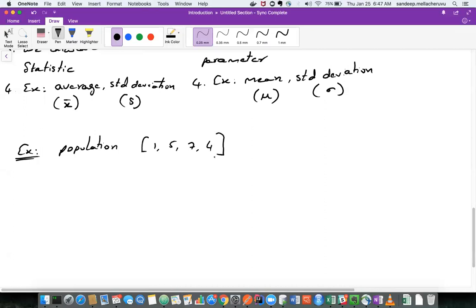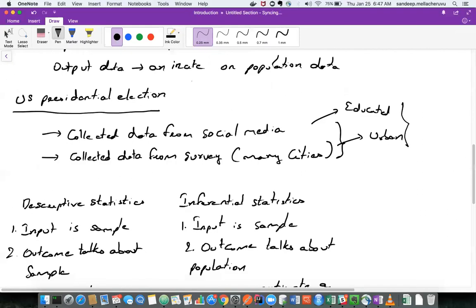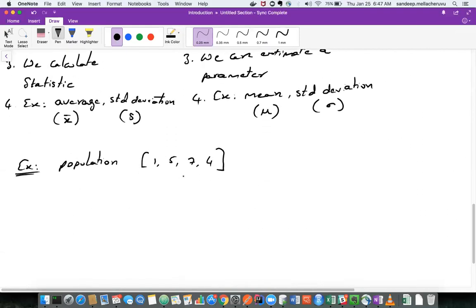Only 4 elements in the population. But for the reasons that I specified earlier, I cannot collect this kind of data because it is a population. Always I can go for a sample. So let's say the sample is 1, 7 and 4. 3 elements, let's take.